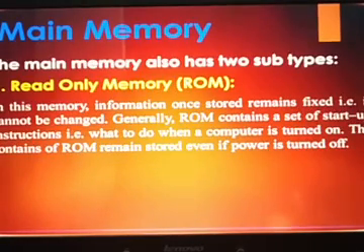In this memory, information once stored remains fixed. That is, it cannot be changed. So ROM can only be read and used. It cannot be changed or written onto. Generally, ROMs contain a set of startup instructions, that is, what to do when a computer is turned on. The contents of ROM remain stored even if power is turned off.